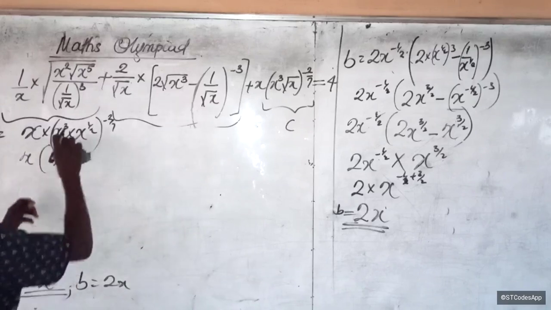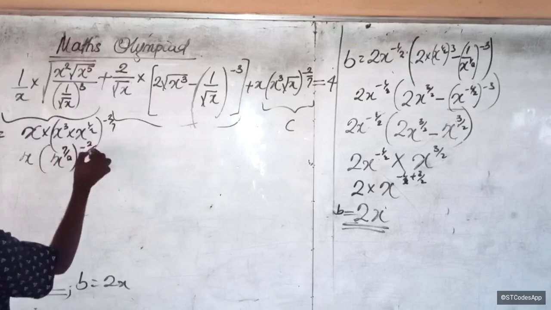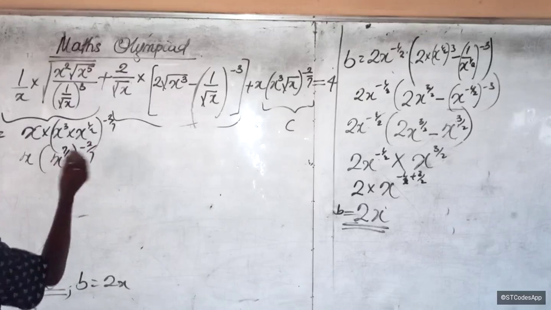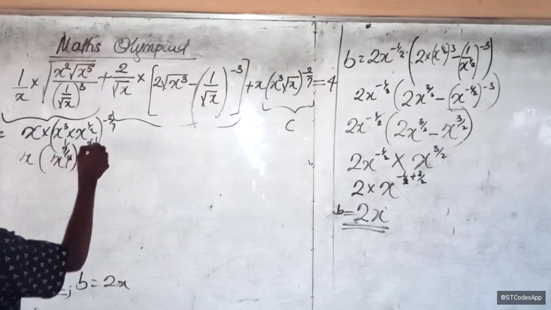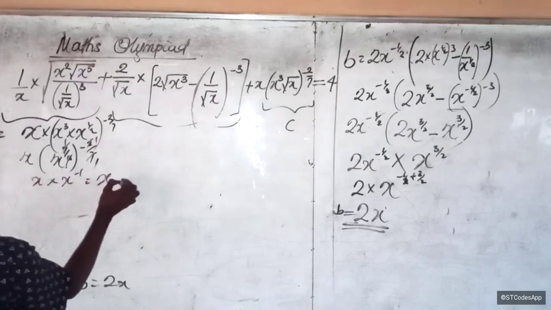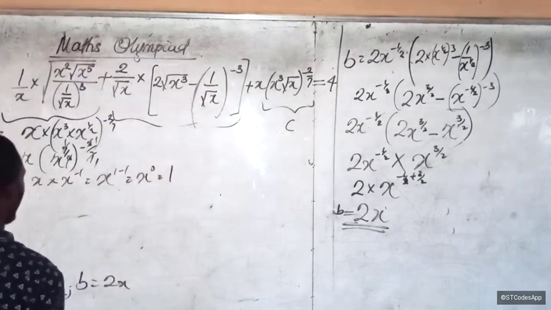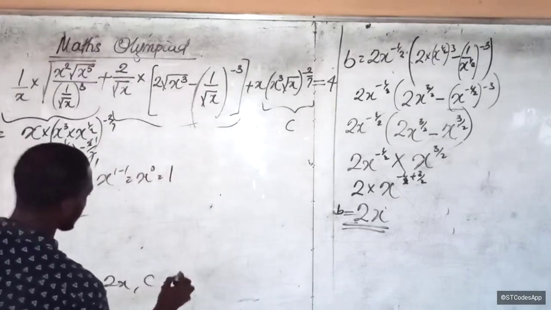So what is 3 and a half? 7 over 2. 7 over 2 times minus 2 over 7. So what does this become? This multiplies this here, 1 here, 1 here, 1. So that's going to be minus 1. x times x to the power minus 1 is equal to what? x to the power 1 minus 1, which is x to the power 0, which is 1. Good. So our c is 1.